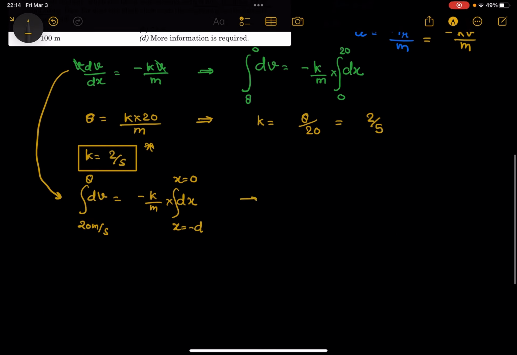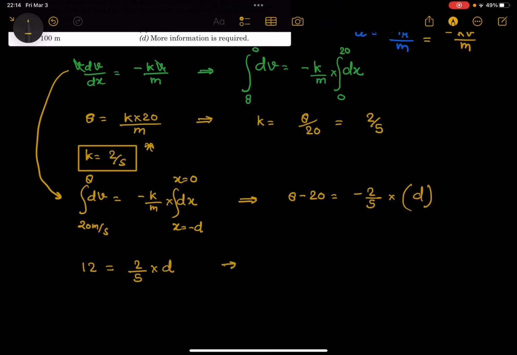Now if you calculate, it comes to 8 minus 20 is equal to minus 2 by 5 into d. So 12 is equal to 2 by 5 into d.